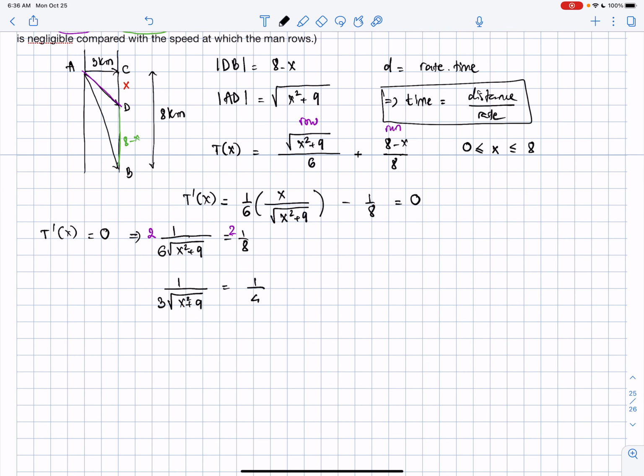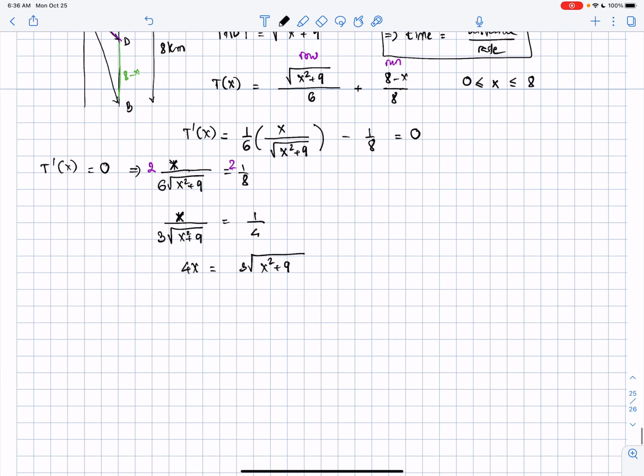So we will have, we're missing the x right here, right? Okay, so we will have 4x equal 3 times the square root of x squared plus 9. Now let's square both sides to get rid of the root. So we get 16x squared equal 9 times x squared plus 9.